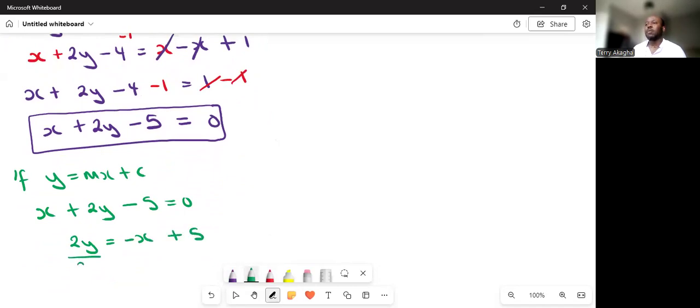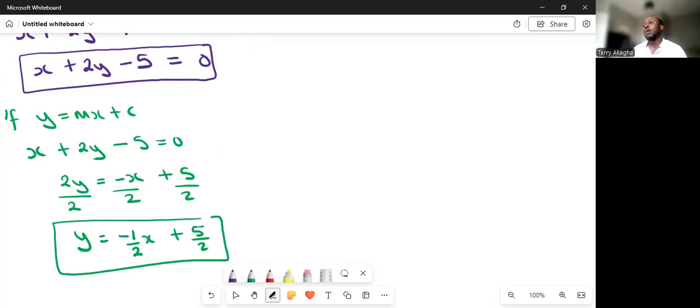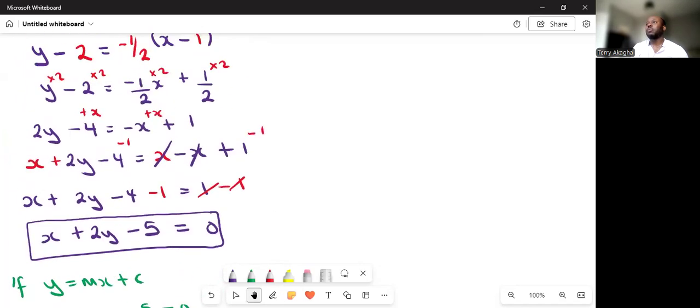Then I divide both sides by 2 to make y be on its own. Then that will now give me y = -1/2 x + 5/2. All right? So usually if you're asked to leave it in y = mx + c, that's how you will leave it, okay? But the question wanted us to leave it in the standard form.